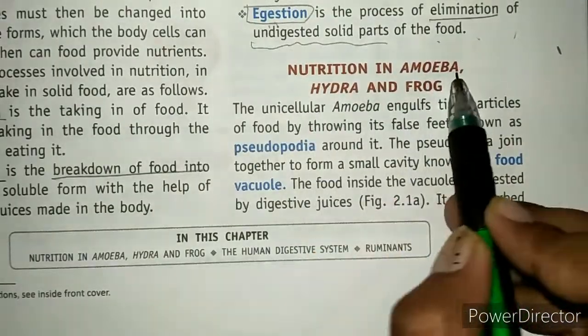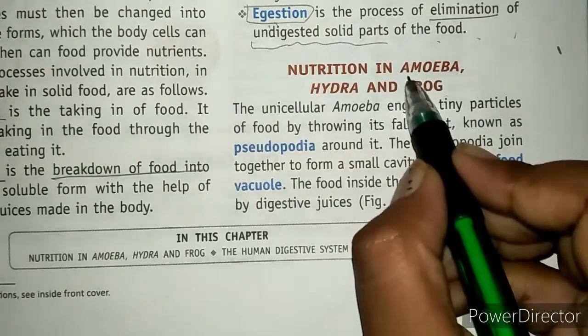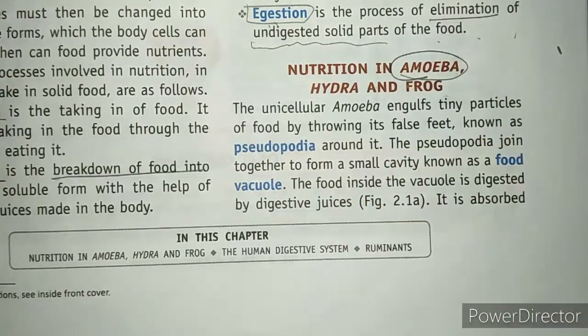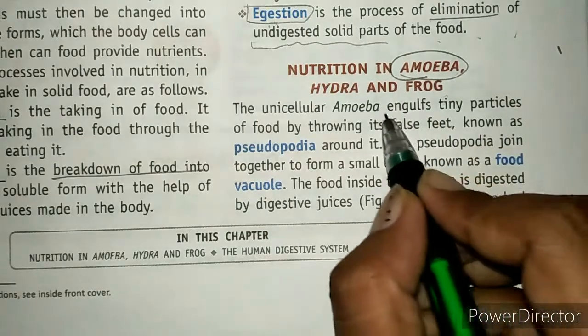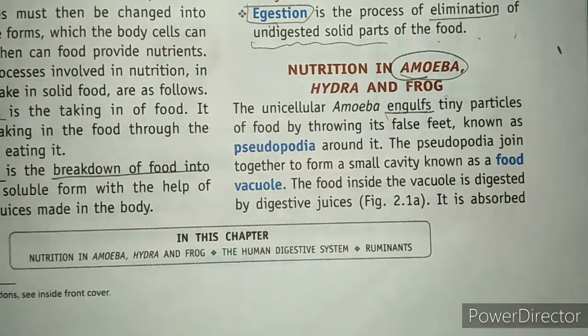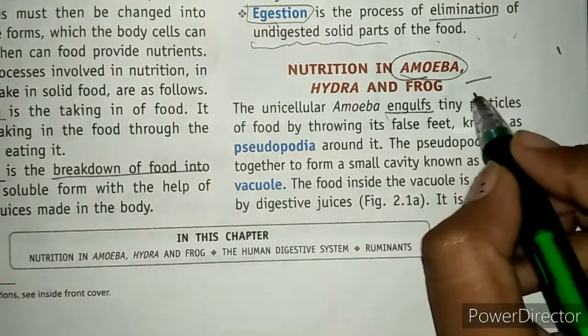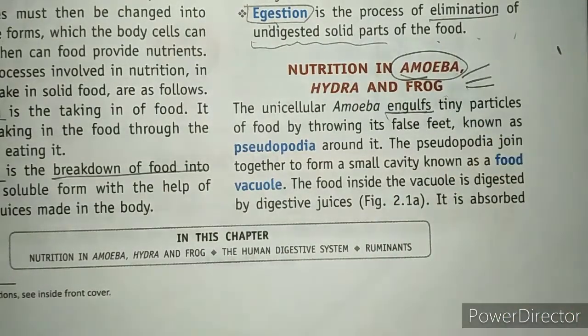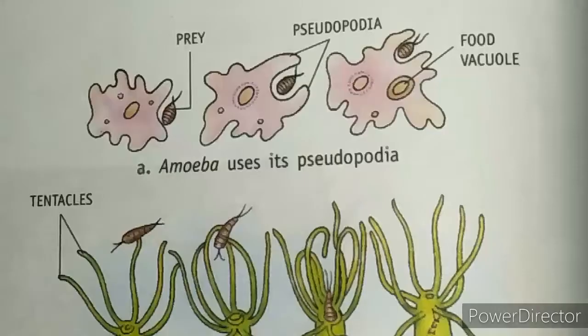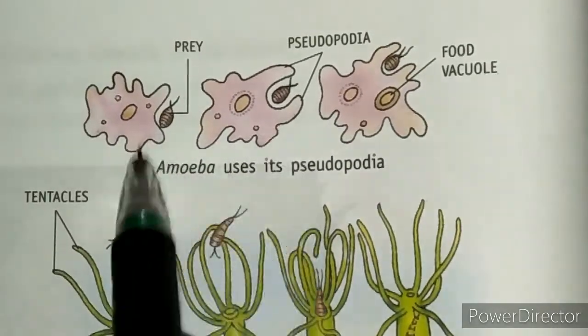Next we have nutrition in amoeba, hydra and frogs. So first of all we talk about the amoeba. Amoeba is a unicellular creature that just engulfs the food. It does not have any body feature like no heads, no arm, no mouth. So how does it take its food? So this is amoeba.